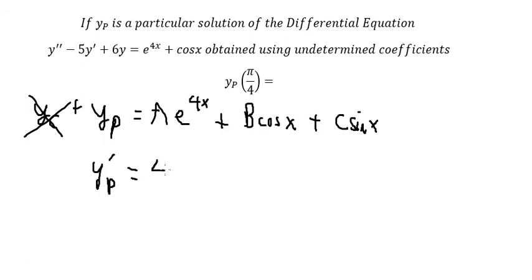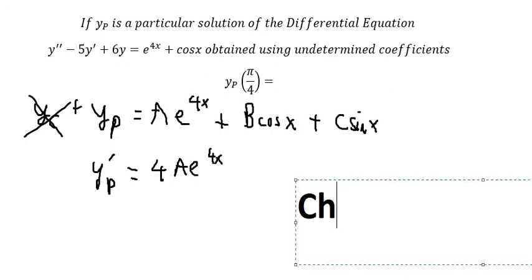We will have 4A e to the power of 4x. First derivative of e to the power of 4x, we keep e to the power of 4x. Later we do the first derivative of 4x. This is the chain rule of derivative.